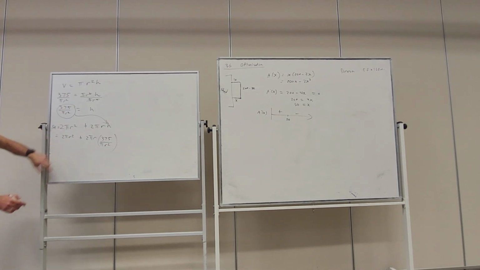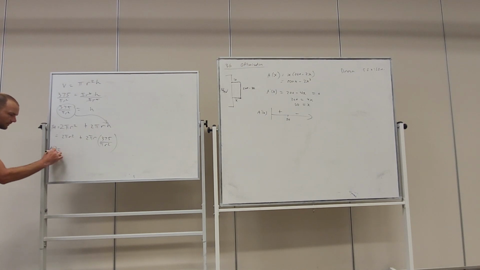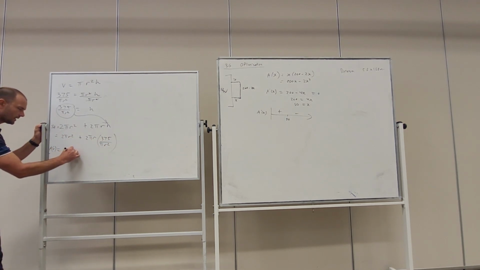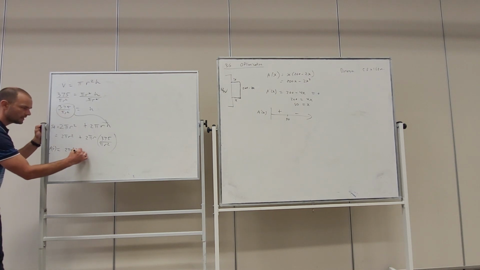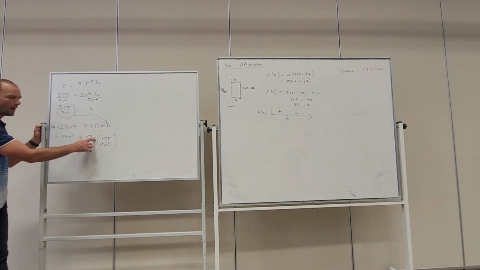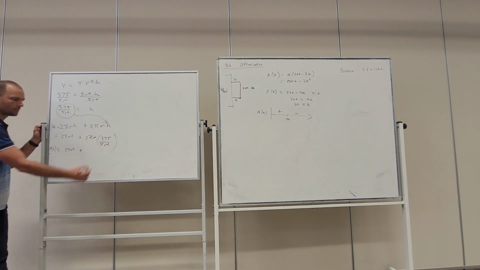This term out front is just going to stay as is. I've written SA, but it is area in terms of the radius because we've reduced the formula to be specifically in terms of the radius given a volume of 375. So 2 pi r squared stays as is. And then here we've got pi at the top, pi at the bottom, that'll cancel. We have 1 r at the top and 2 at the bottom, that will cancel.